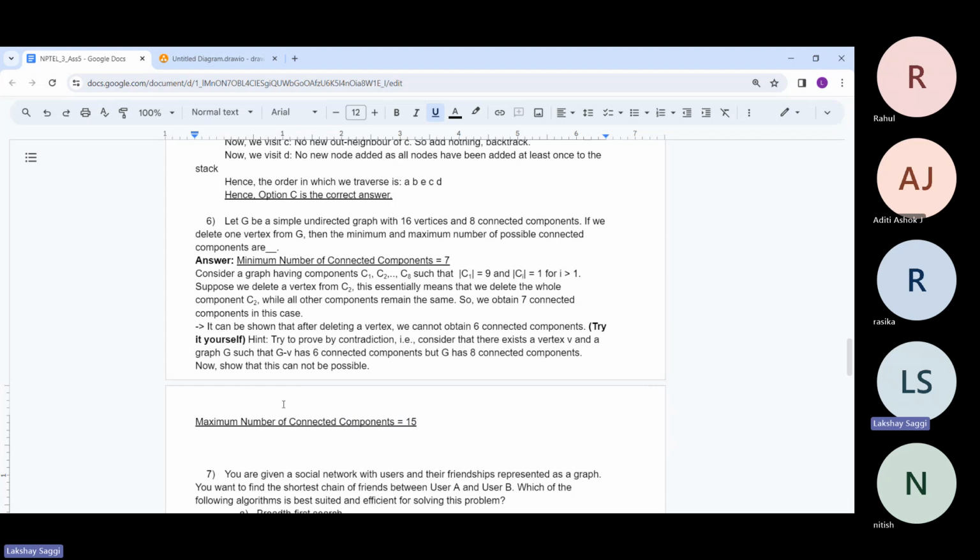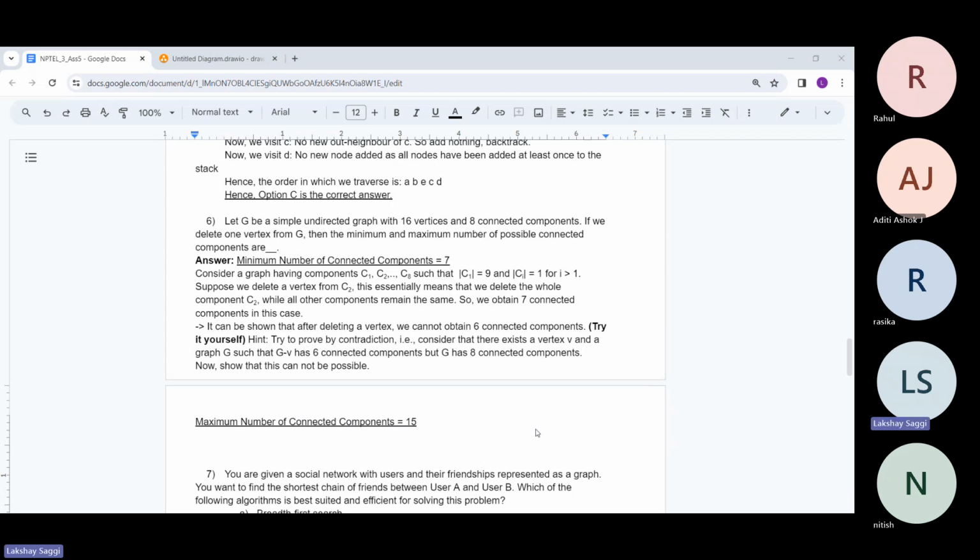It's easy to see that there cannot exist an example in which more than 15 components are present. Why is this the case? Would you guys like to point it out in chat? I'm claiming that after deleting a vertex v from G, no graph can have more than 15 connected components.